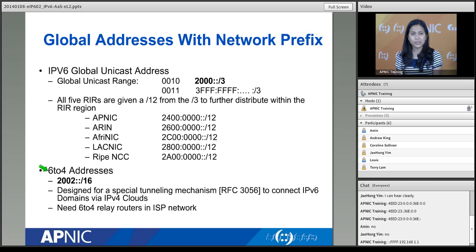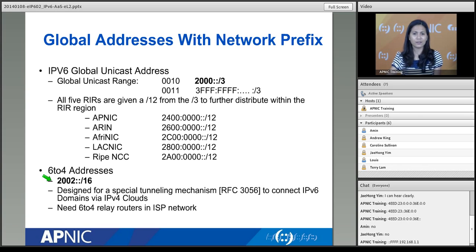But we use a lot of these addresses. 6-to-4 addresses, that's 2002::/16. So try this. If you have access to a public IP address, you can get access to a broker, an IPv6 broker, and they can give you an IPv6 range that you can use to connect to their IPv6 network.